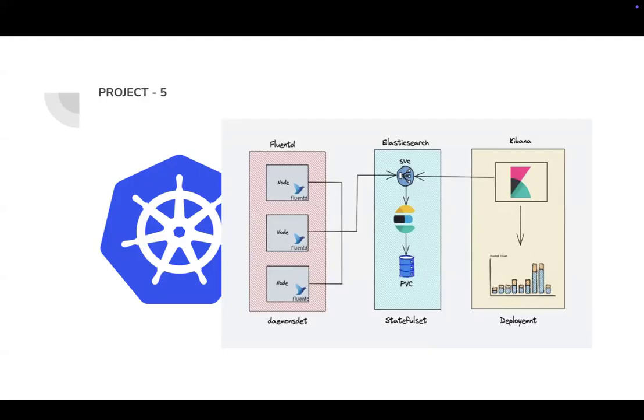So the logs should be exported somewhere so that developers are able to view them from that place. That place is called Elasticsearch, a centralized logging system that we are going to use. We are going to export our application logs from the Kubernetes cluster to Elasticsearch, and from Kibana we are going to view the logs present in Elasticsearch. This is project number 5.